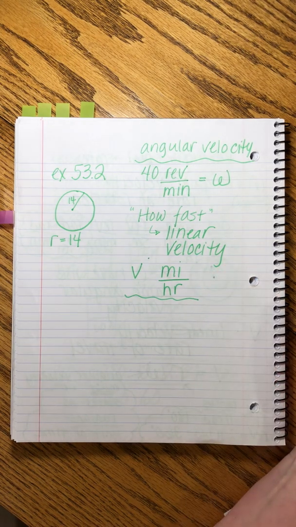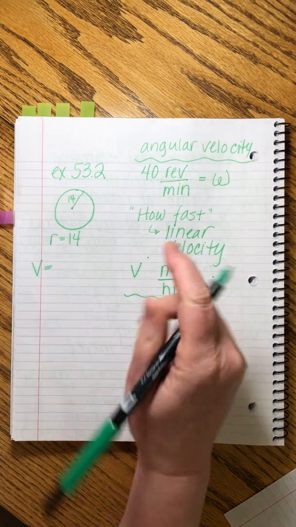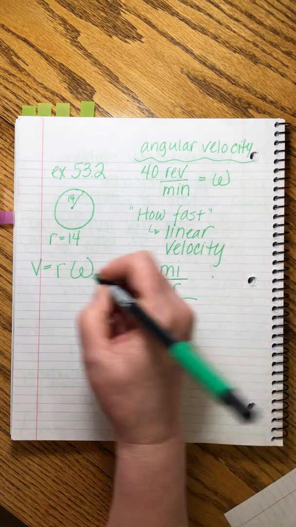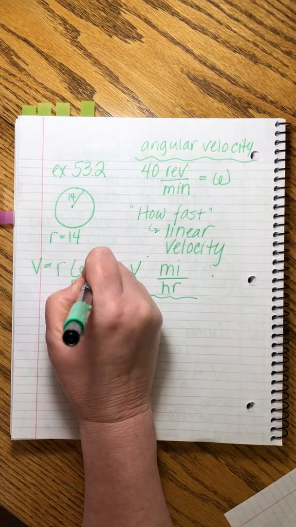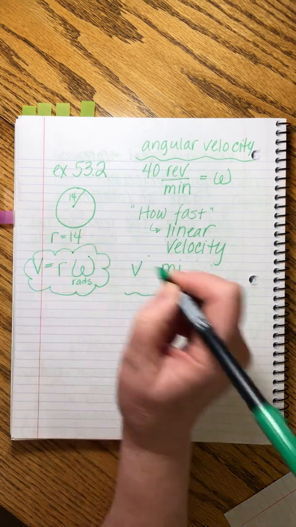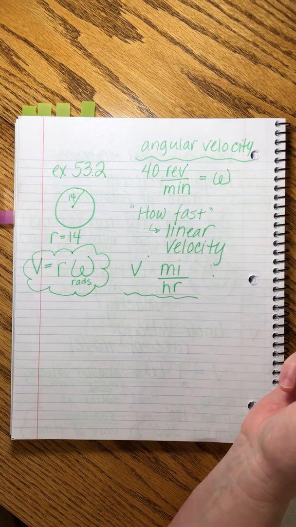Well, let's figure out what we know. We know this formula: the linear velocity is equal to the radius times the angular velocity, but this has to be in rads. Rads are really good at measuring revolutions of things. This is a perfect example.